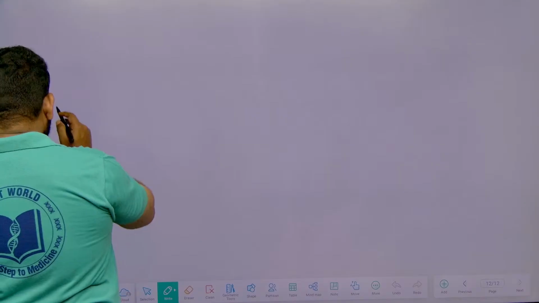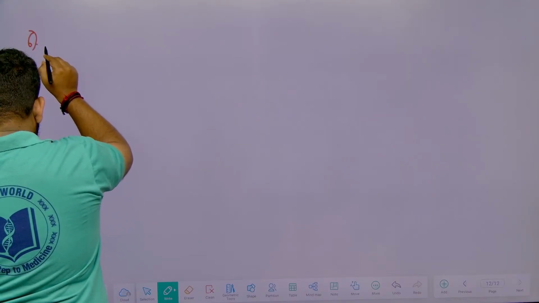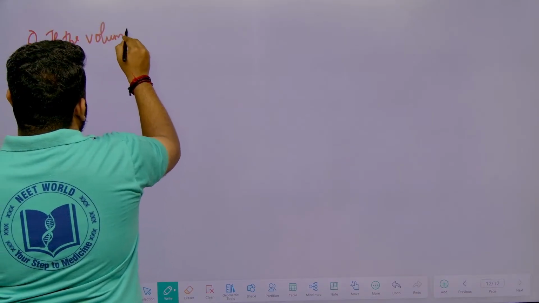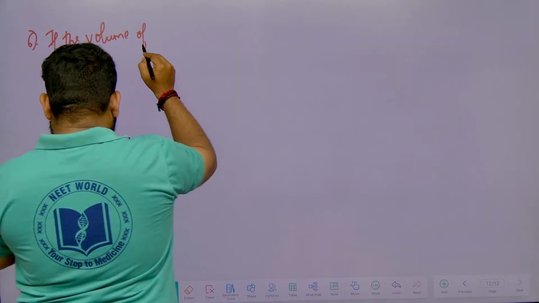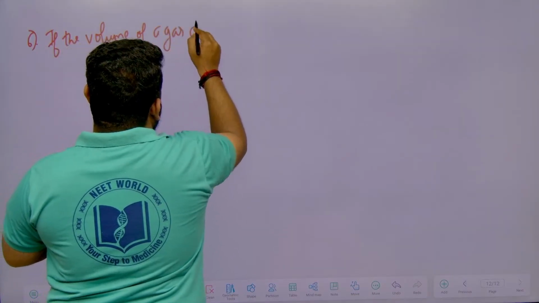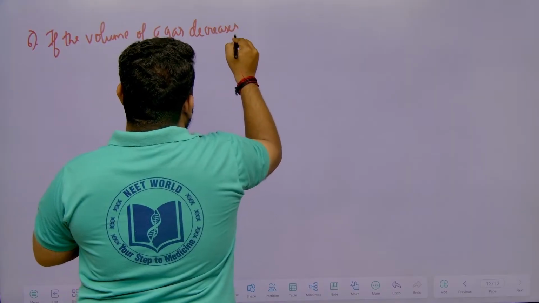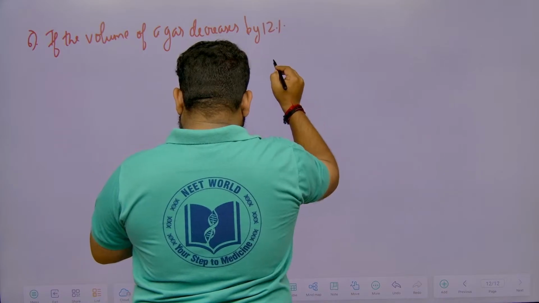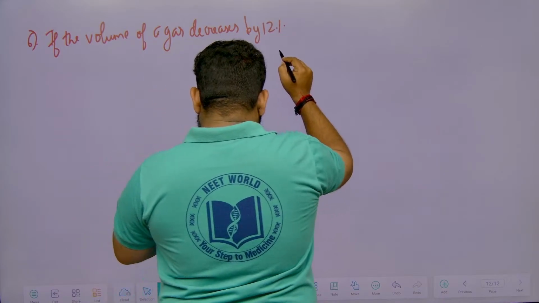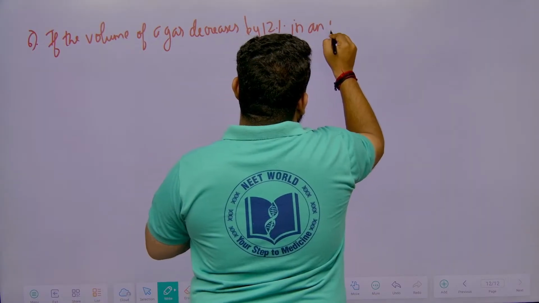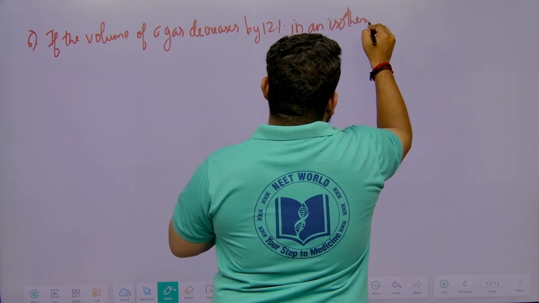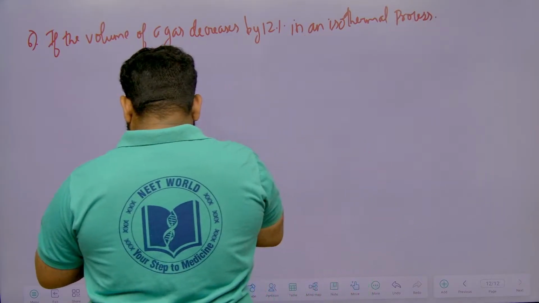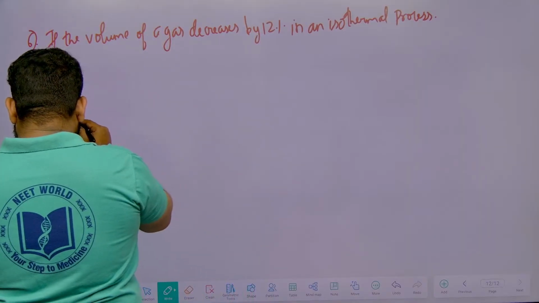They were given question number 6. If the volume of a gas decreases by 12% in an isothermal process, what is the percentage change in pressure?